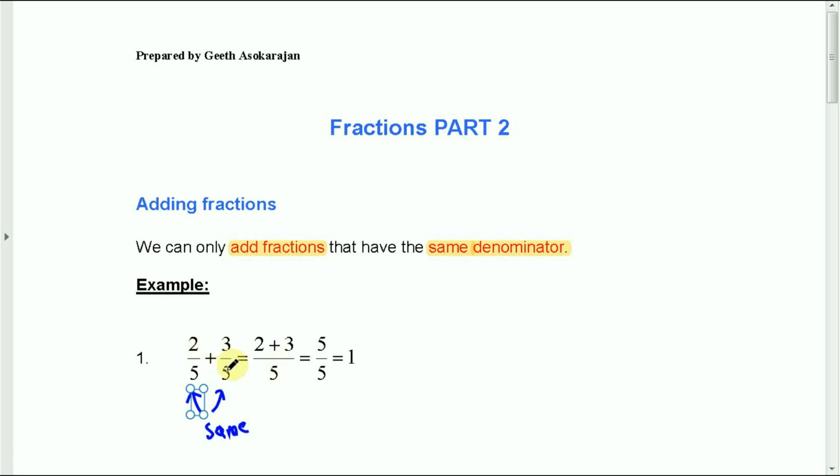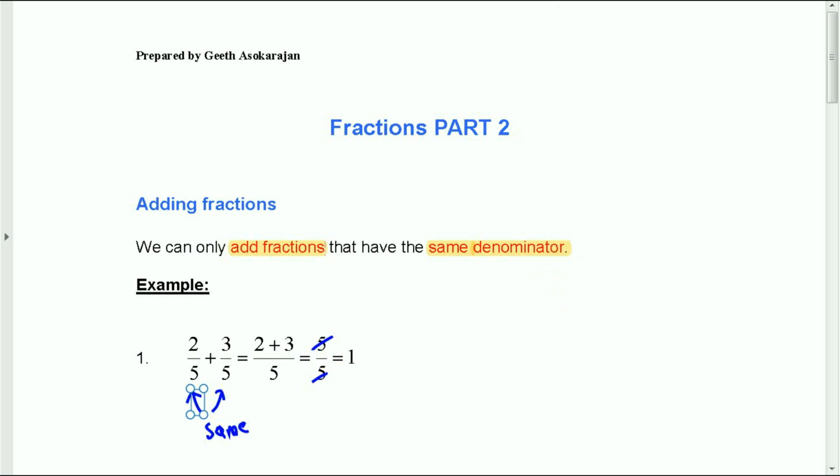Since the denominators are the same, add the numerators. 2 plus 3, write that on top. 2 plus 3 is 5, so it's 5 over 5. And 5 over 5 will cancel to give you 1. Okay, so remember 5 divided by 5 is 1.